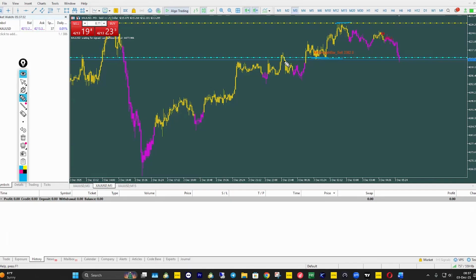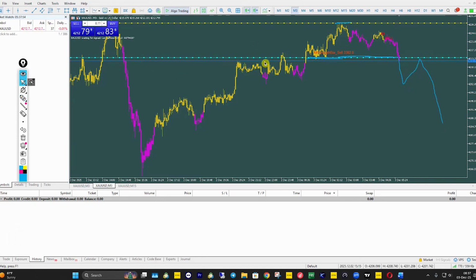So this is why it will draw exactly the area that is needed when it comes to support or resistance, supply or demand zone. All right, so we all know if the market breaks our last support, this support will change into a resistance and therefore we'll be looking for sell.